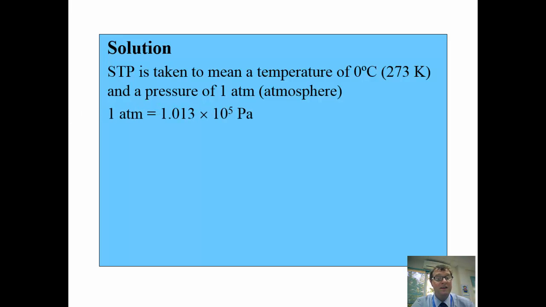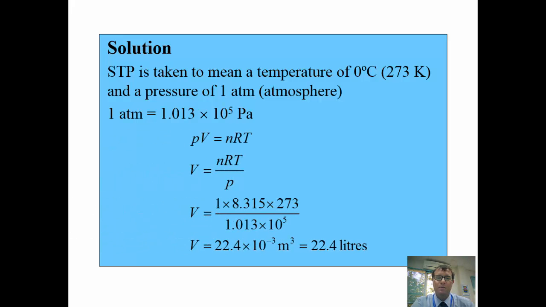1 atmosphere needs to be converted into pascals. PV equals nRT. Volume is what we're looking for. We know what n is, the number of moles. We know the constant R. We know the temperature in Kelvin is 273.